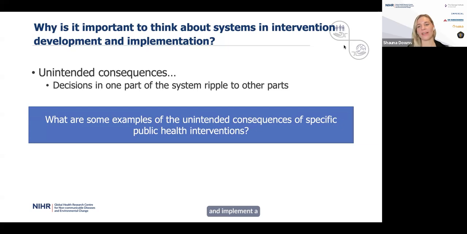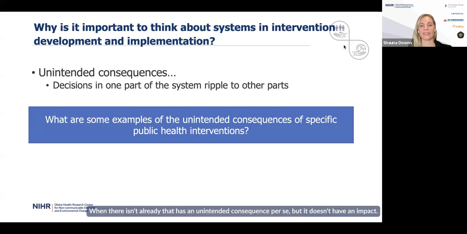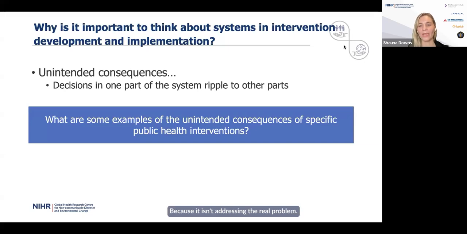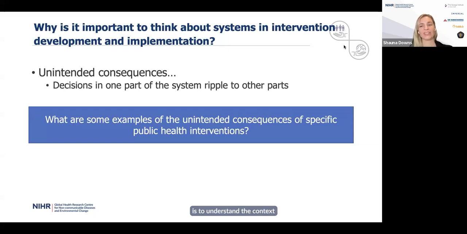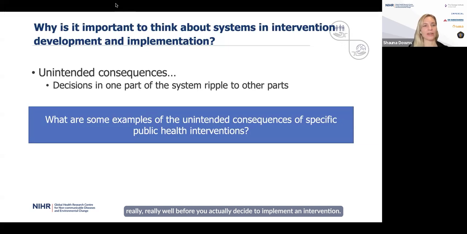It doesn't have an unintended consequence per se, but it doesn't have an impact because it isn't addressing the real problem. One thing I think is really critical, and that I incorporate in my own work, is to understand the context really well before you decide to implement an intervention.